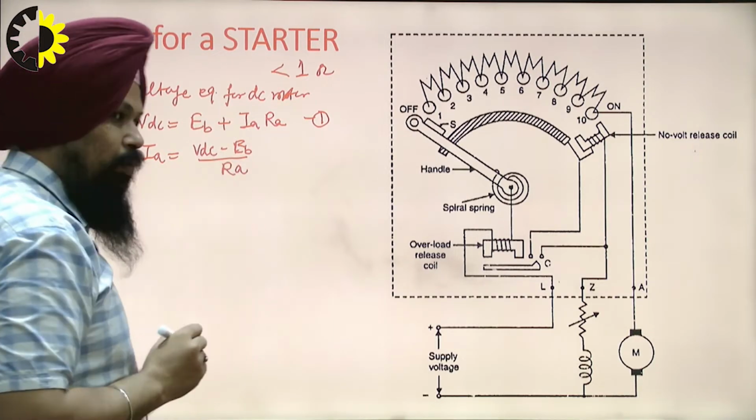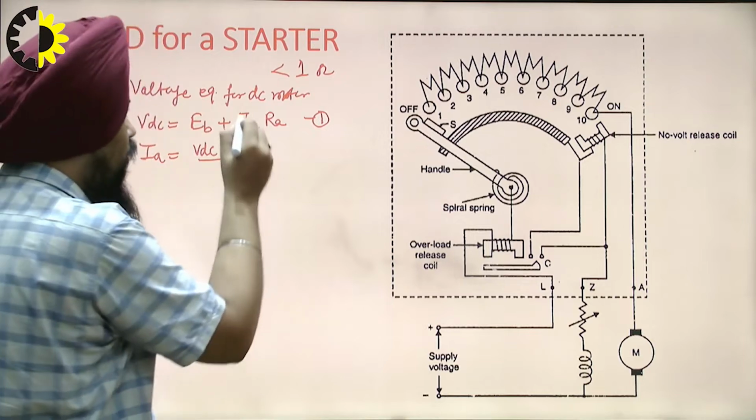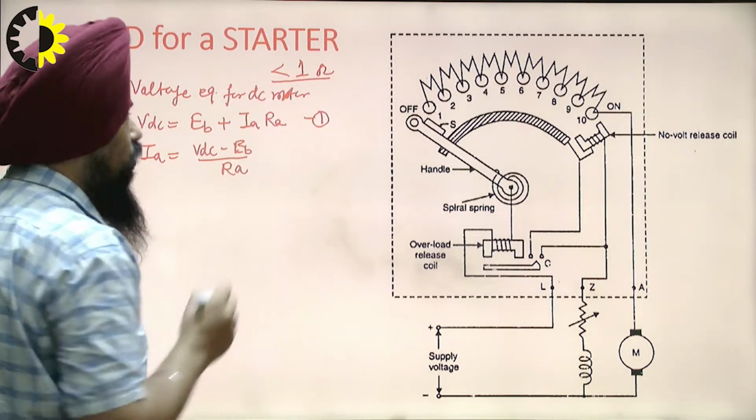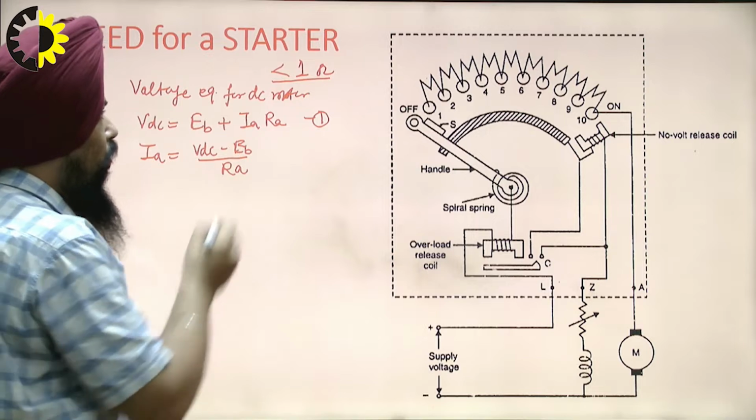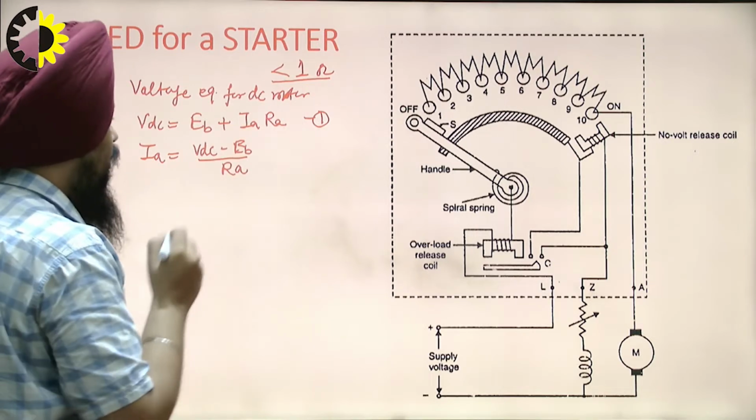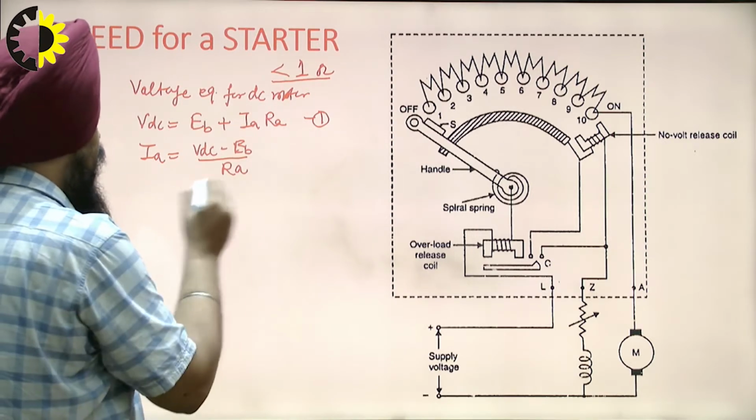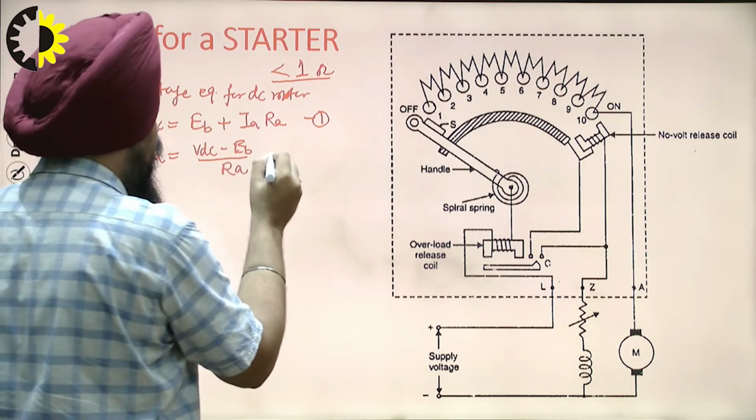As the resistance of the armature circuit is very small, less than 1 ohm, let me see what happens to the current I_A at starting.